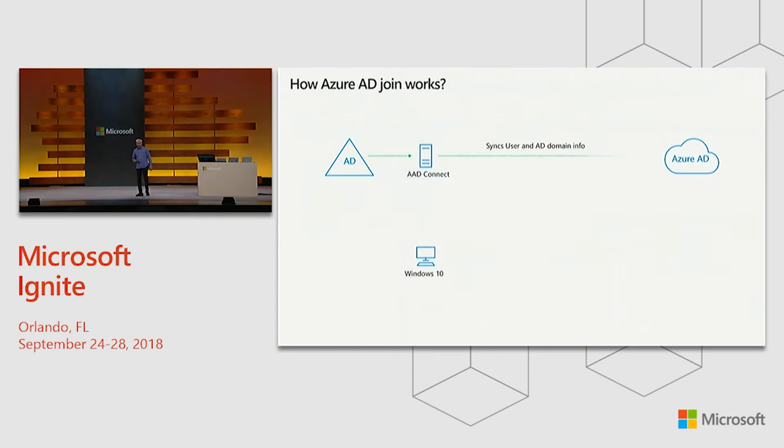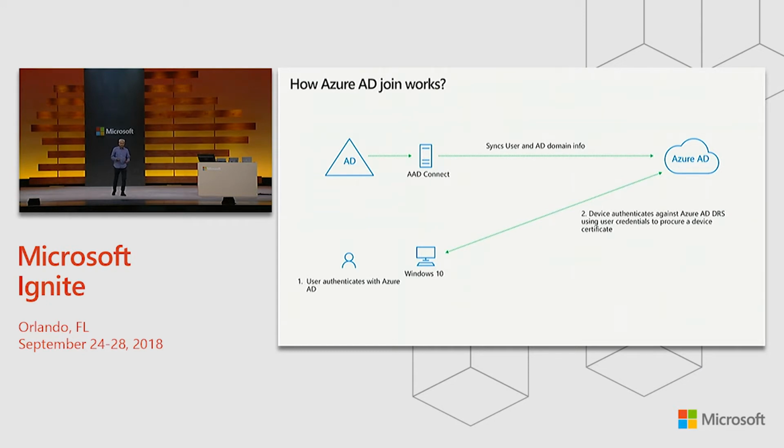Just looking at how Azure AD join works behind the scenes, the concept here is you're syncing your users and your Active Directory domain info from on-prem to your tenant, and you're using Azure AD Connect for that. As soon as the user authenticates with Azure, the next thing you're going to see is the device authenticating against Azure DRS, the Azure Active Directory Registration Service.